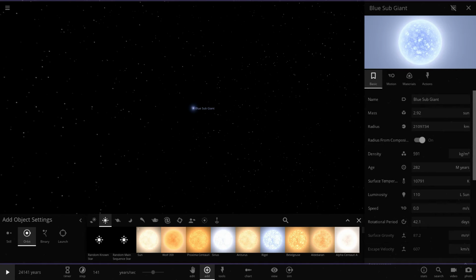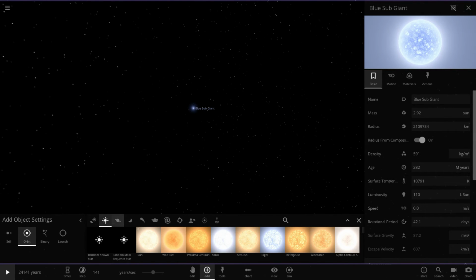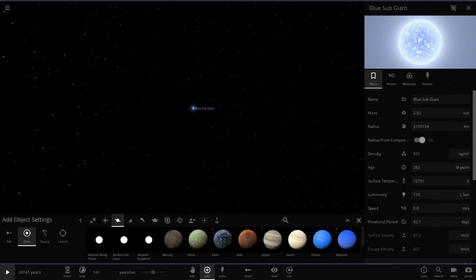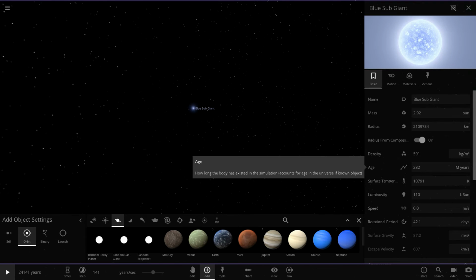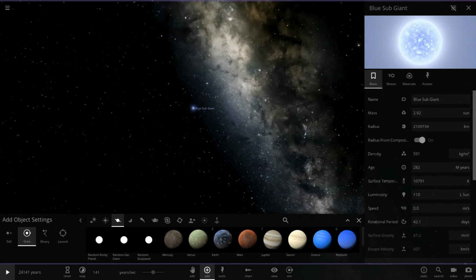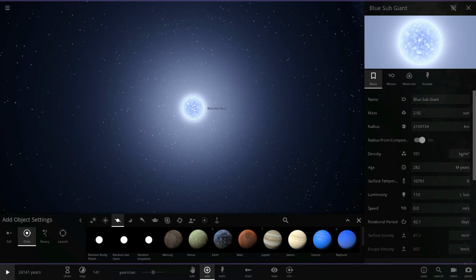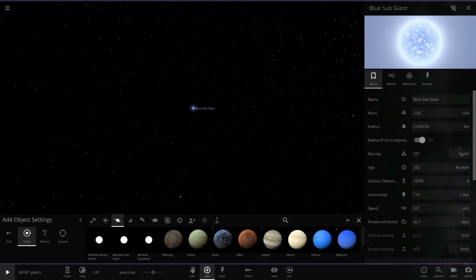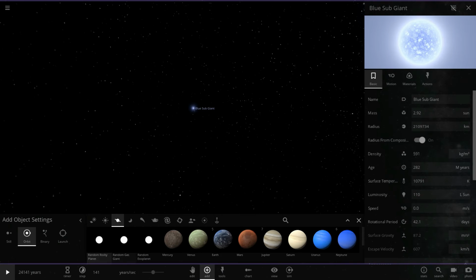I didn't want to call it a blue hypergiant because I didn't want to upset some people, so I'll just leave it as blue subgiant. Right now this star is probably halfway through its life already. These stars do not live for long. These stars cannot hold any planets.